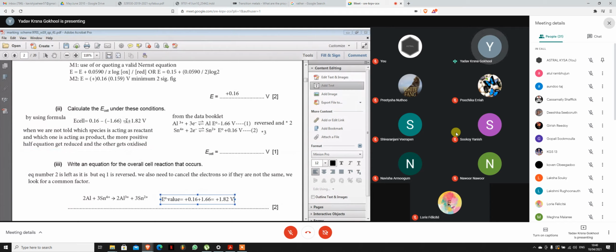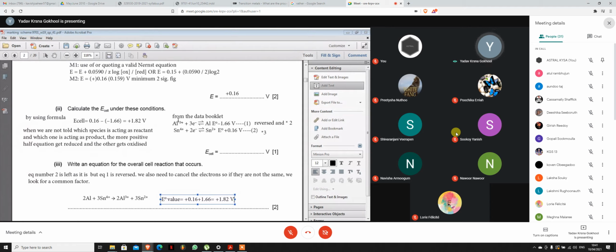Okay. So there is a little work to do. No need to look at how the marking scheme has worked if you are having problem. Merge these two, take out whatever I have just told. We first write down whatever we have from the data booklet, as it is. As in this equation, we are not being told which one is the reactant, which one is the product.